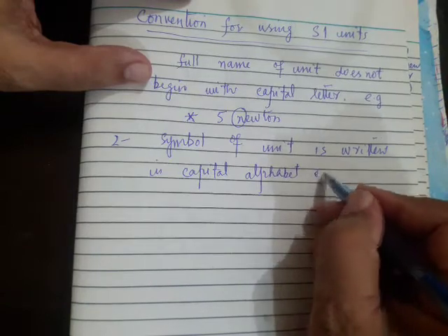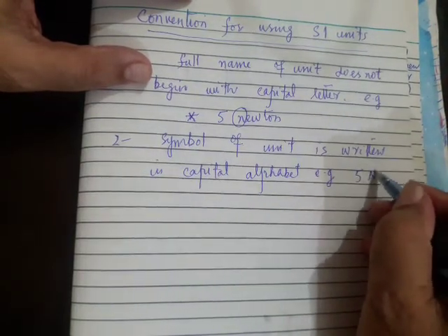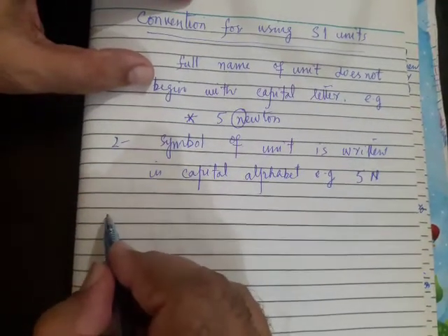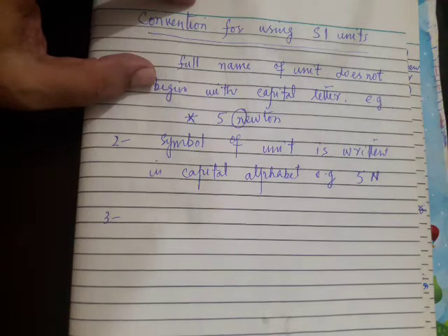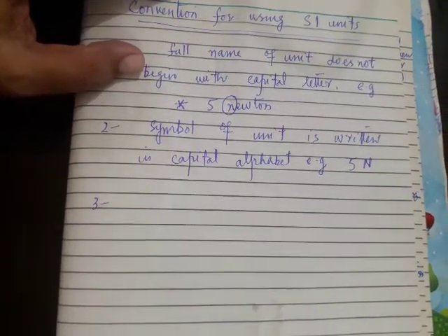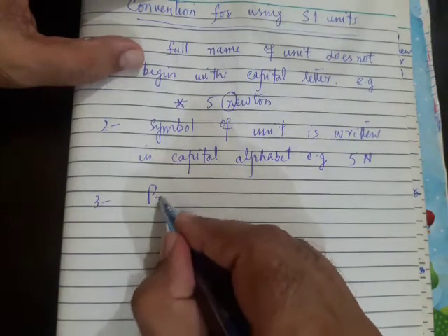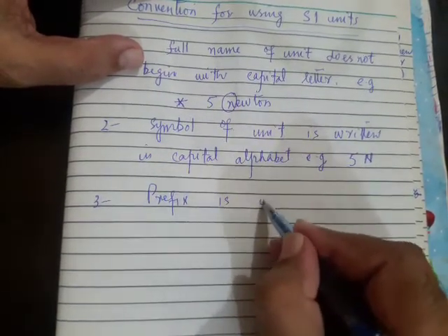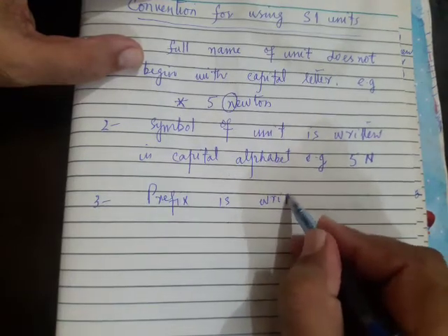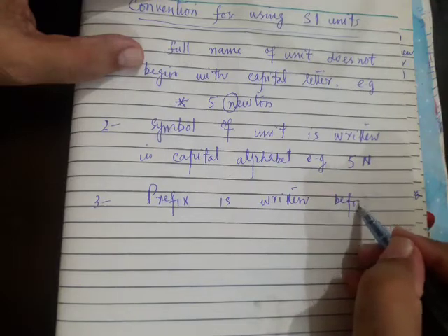For example, 5 N. Next rule is that a prefix is written before the unit.